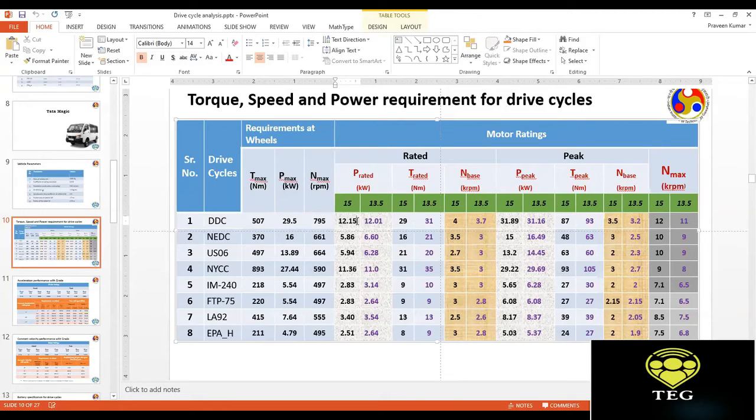That essentially means that a 12 kilowatt rated power motor can deliver 32 kilowatts for a few seconds. The peak power demand happens for a few seconds. It's not something which will last for minutes. It's for maybe 10 seconds, 15 seconds, and you can overload the motor. So that's the basic difference between a motor and an internal combustion engine.